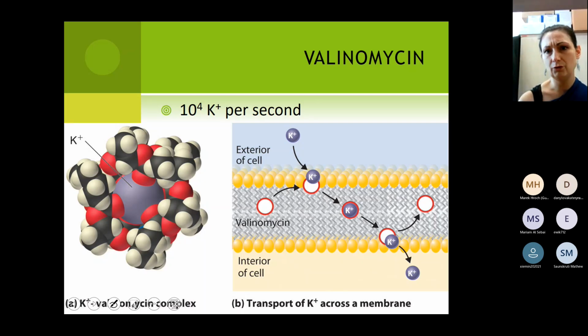Why can potassium not go through the plasma membrane so easily? Do you know the explanation why potassium cannot go through without any support? Siamin, do you know?